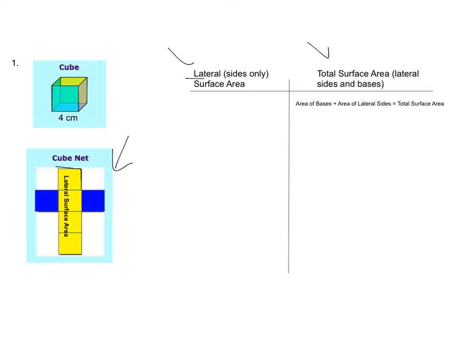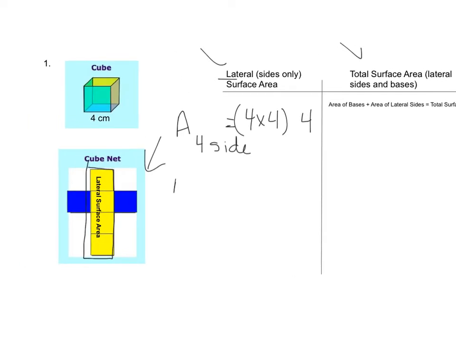And since we have 4 lateral sides, the area of 4 sides is simply 4 by 4, and we will need that 4 times. 4 times 4 is 16, and 16 times 4 is 64.